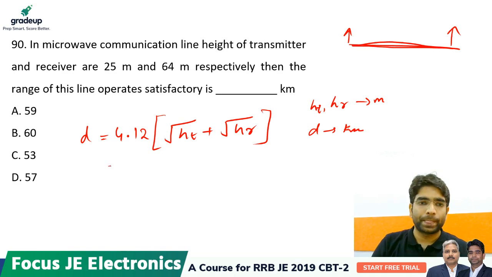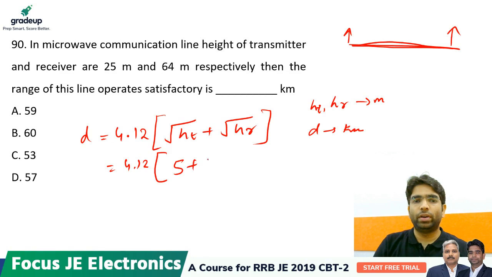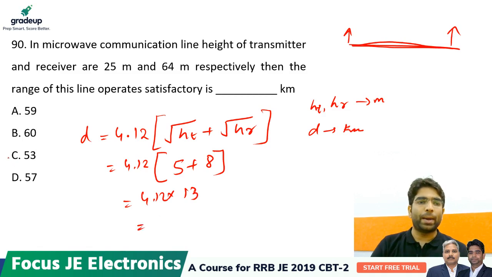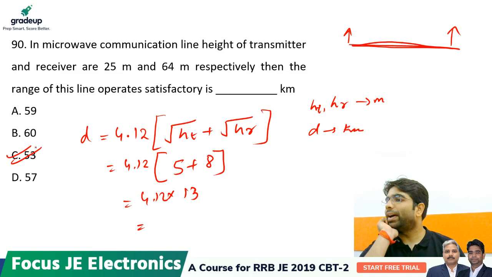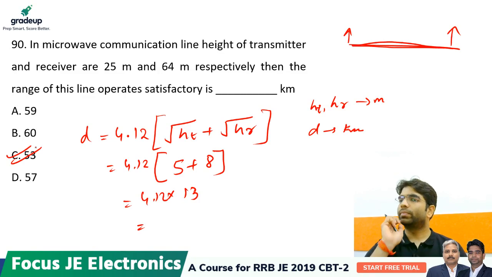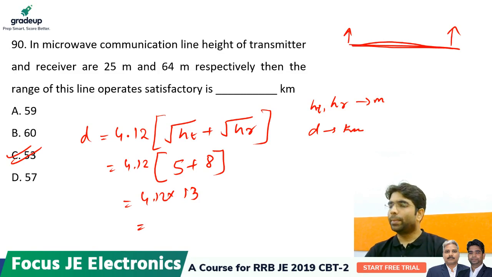It will be 4.12. Root of ht is 5, root of hr is 8. It will be 4.12 into 13. 13 fours are 52. Approximately, option C will be valid.